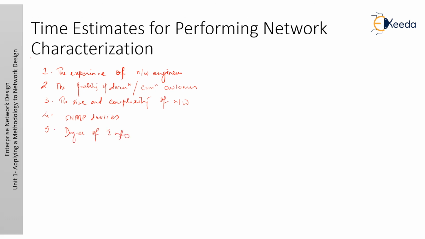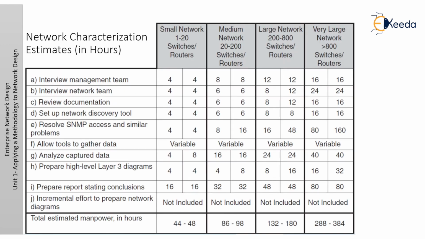So based on the experience of the network engineer, the quality of documentation, the size and complexity of the network, the manageability of SNMP devices, and the degree of information, the time is decided. So this is the timeline.